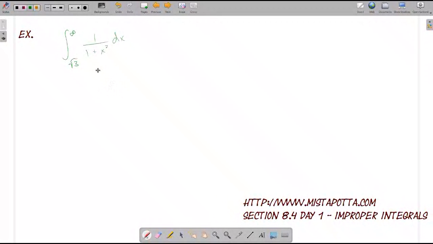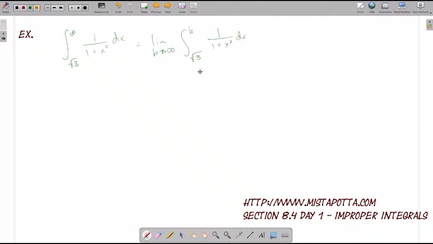Now, the very first thing you always have to do is get rid of this infinity. We can't deal with infinity. We have to deal with it as a limit. The limit as b approaches infinity of the integral from radical 3 to b of 1 over 1 plus x squared dx.